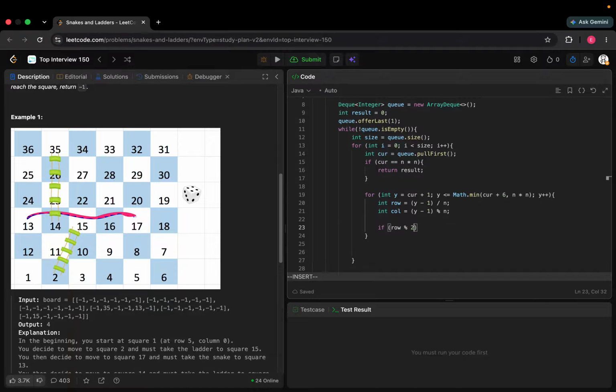If the row mod 2 is not equal to 0, 0, 1, which means the column should start from the zero, 1, 2, 3, 4, right?